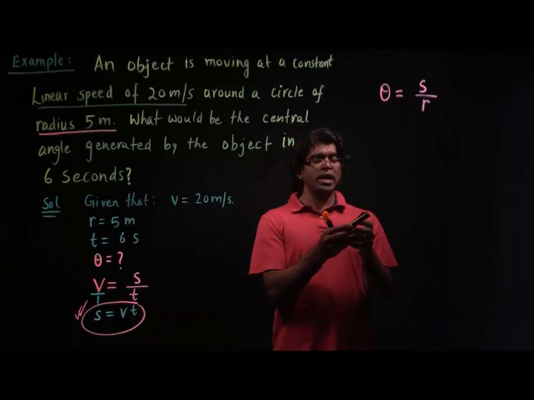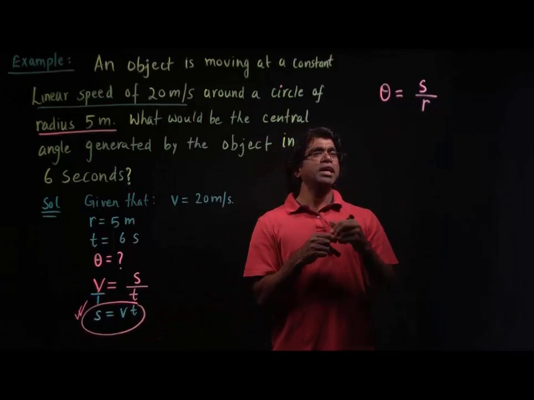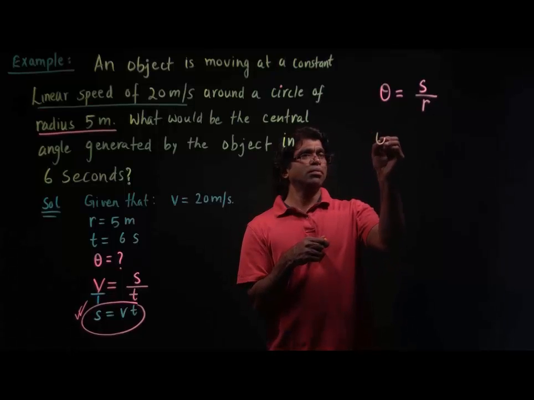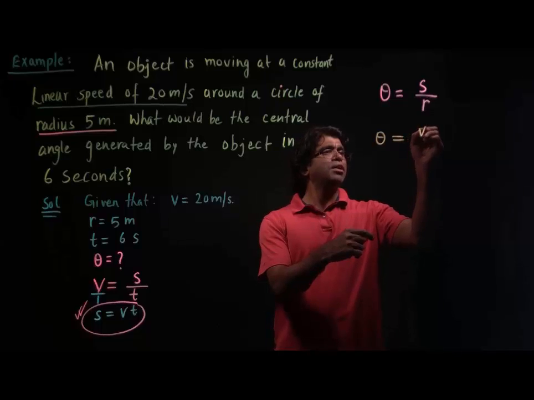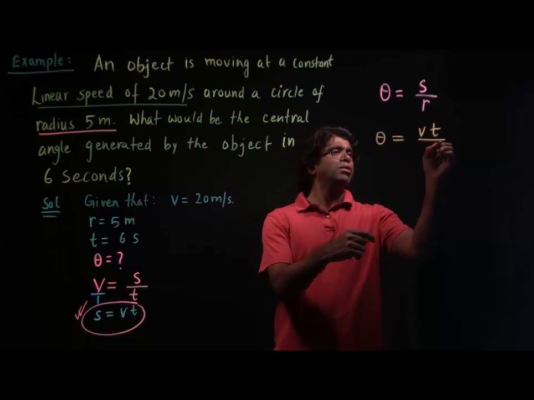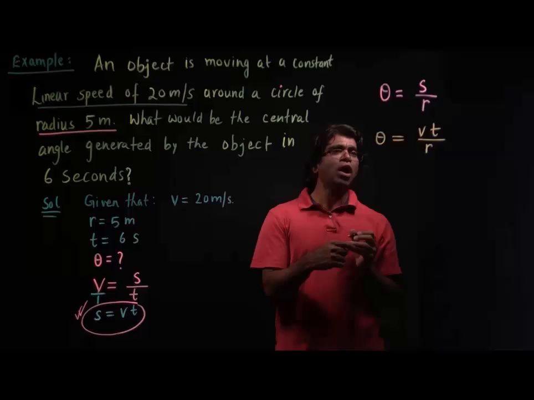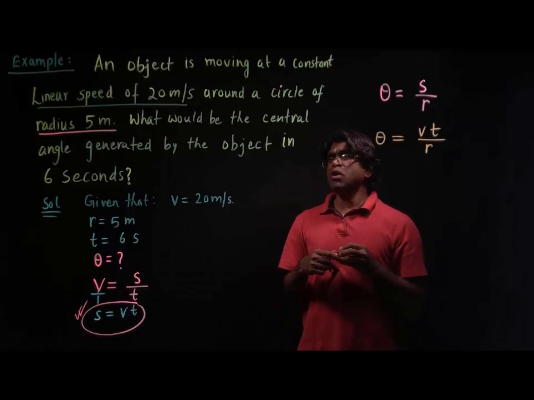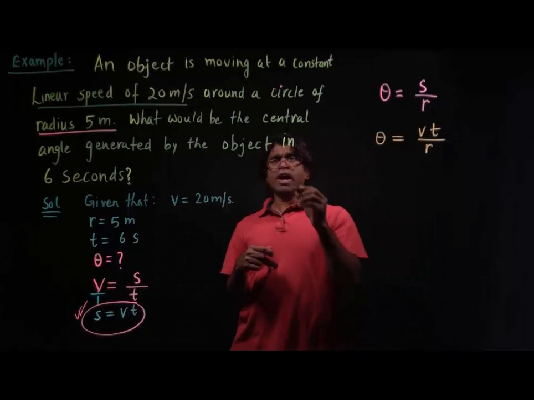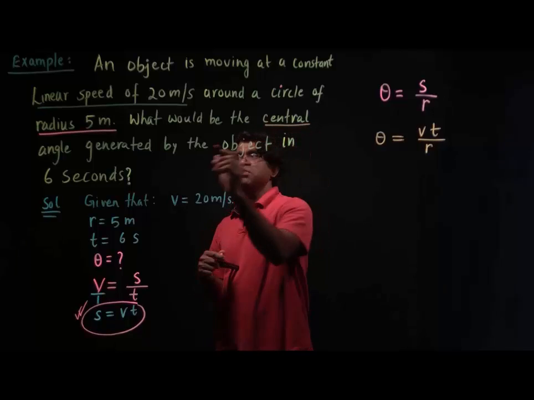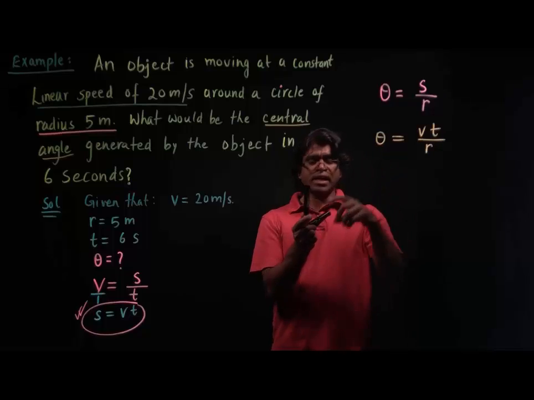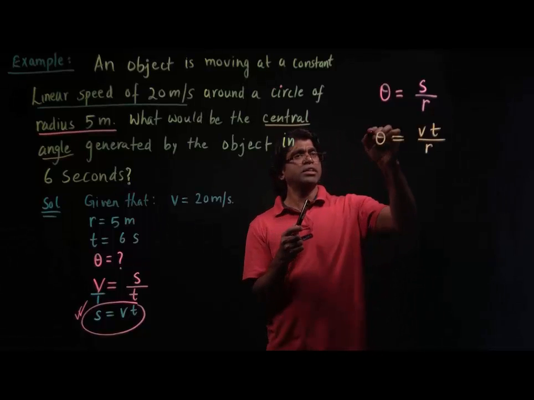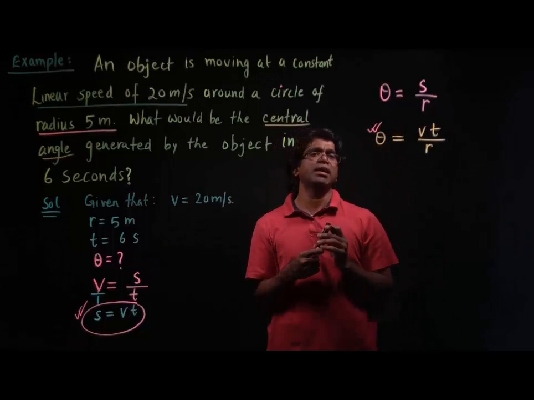If I do that, I will write theta is equal to vt over radius r. Now, what we need to find is the central angle, and this theta is my central angle.